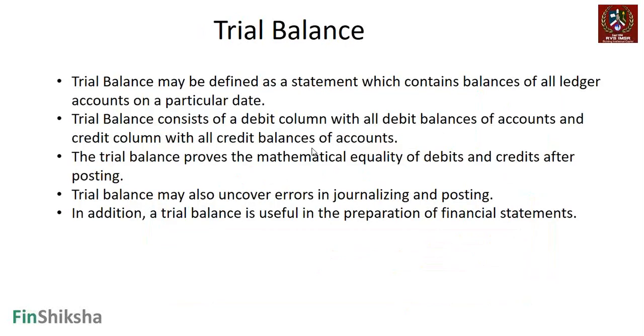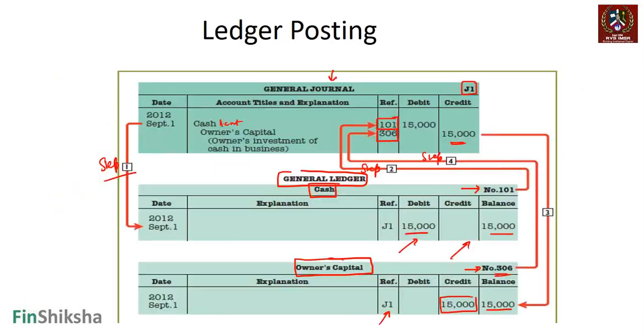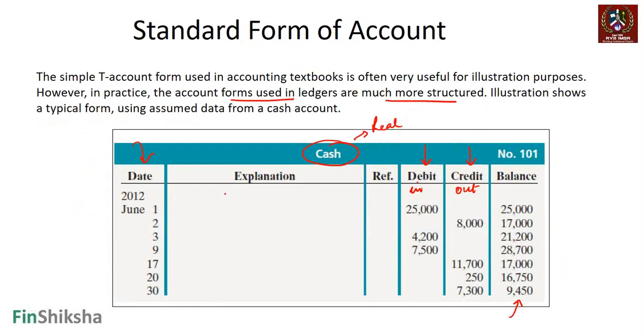Once we have created a ledger, the next portion comes, which is called a trial balance. Now, a trial balance may be defined as a statement that contains balances of all ledger accounts on a particular date. So ledgers will keep adding the data entry points, just like here, date wise.